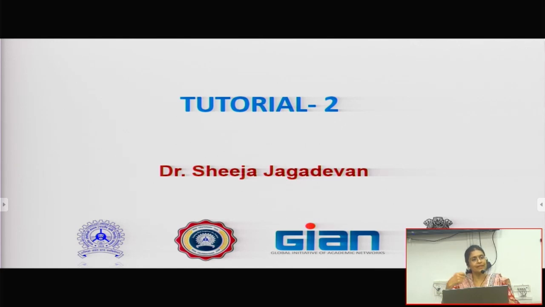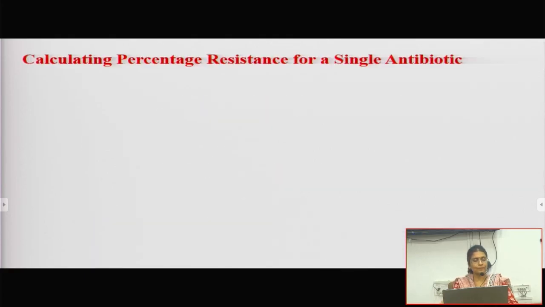We referenced it with the CLSI and EUCAST, and then we saw whether it is resistant or susceptible or intermediate. So these three kinds of data we got. Let's do 2 or 3 numericals based on which, and then we'll come to this raw data which we have in hand. Okay. So look at the screens, all of you.